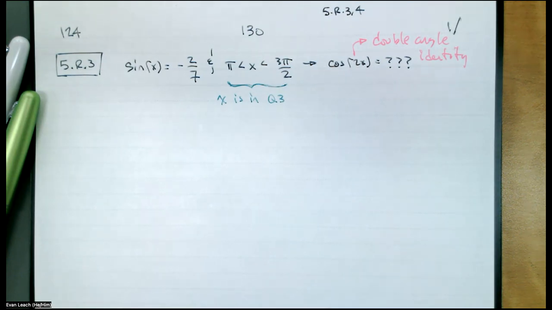We want to think about what this means for figuring out cosine of 2x. If x is between pi and 3 pi over 2, that tells us that 2x is going to be between 2 pi and 3 pi.